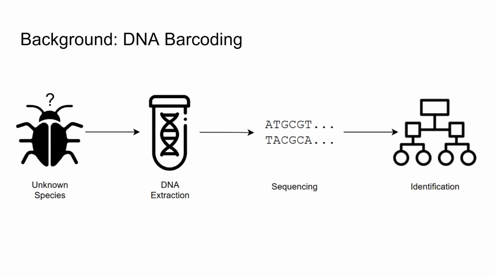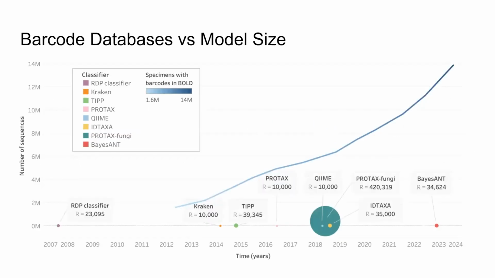However, even with this enhanced throughput provided by this method, there's still a bottleneck. This graph compares the number of barcode sequences found in BOLD, which is one of the largest DNA barcode databases to date, against the number of reference sequences used in the deployment of various barcoding models over time.